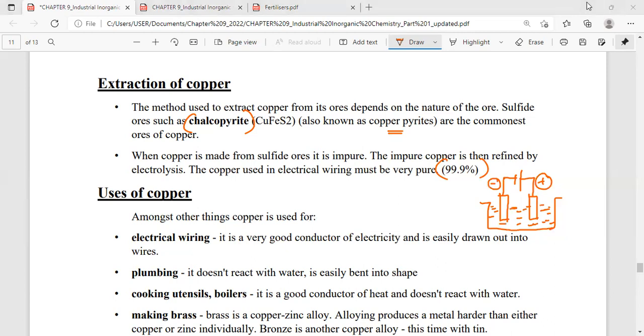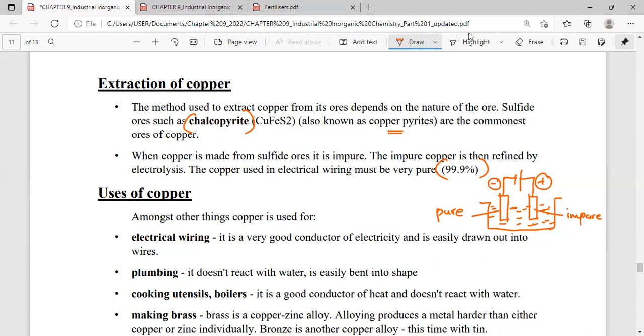Yes, the cathode is the pure copper. Okay, cathode is the pure copper. And this will be the impure copper.